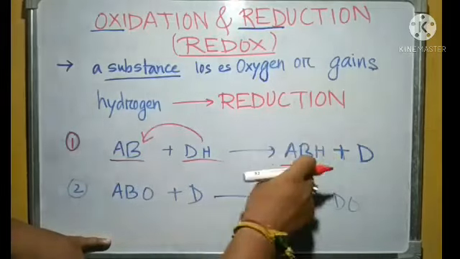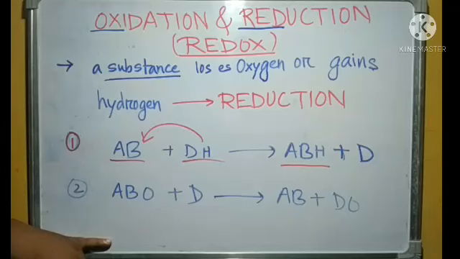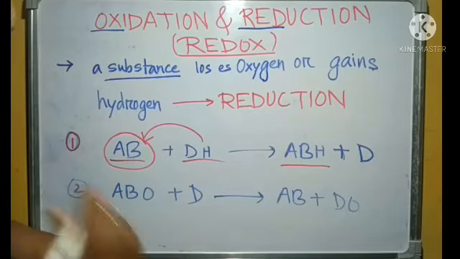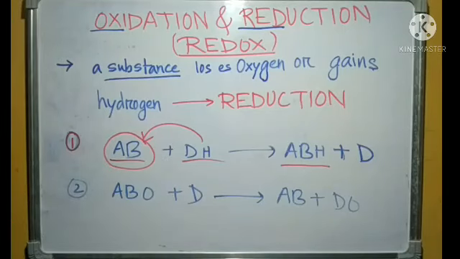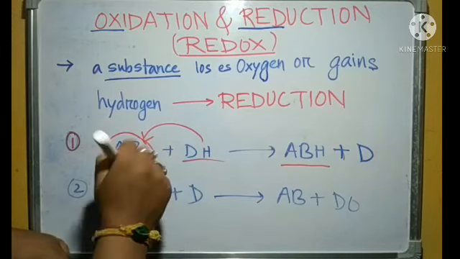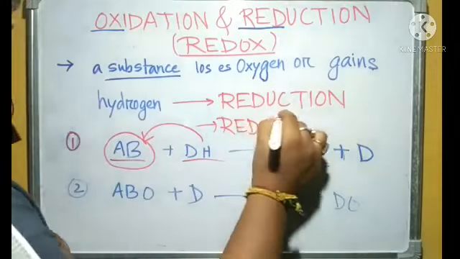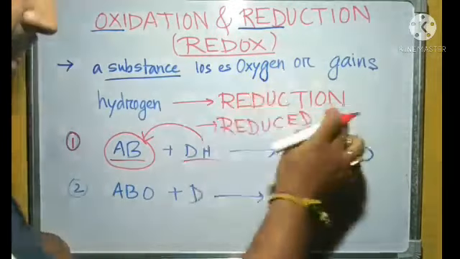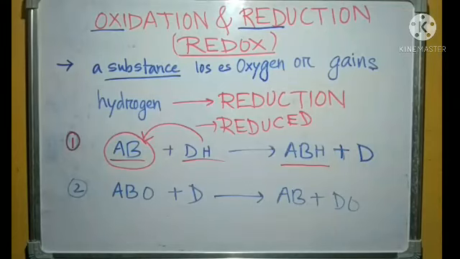So one hydrogen atom is added to AB, meaning this AB reactant is gaining a hydrogen atom. So we can say that this is a reduction reaction. The reactant which is gaining the hydrogen atom is said to be reduced.